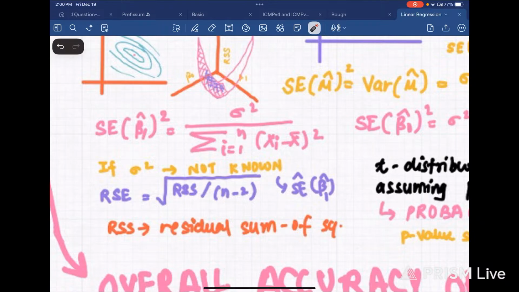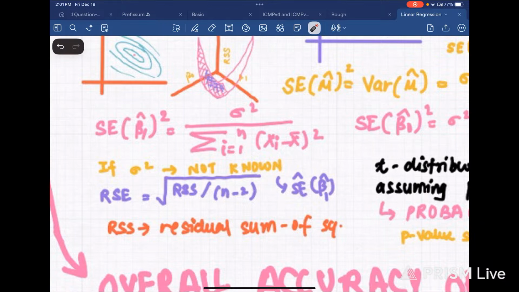This is built from the residual sum of squares. Basically you have calculated the RSS, and we can use that here also. So RSE equals the root of RSS divided by n minus 2.